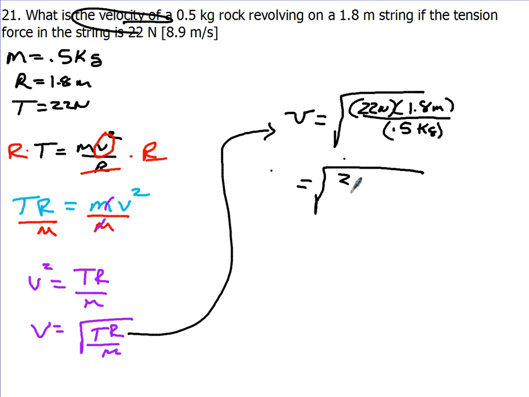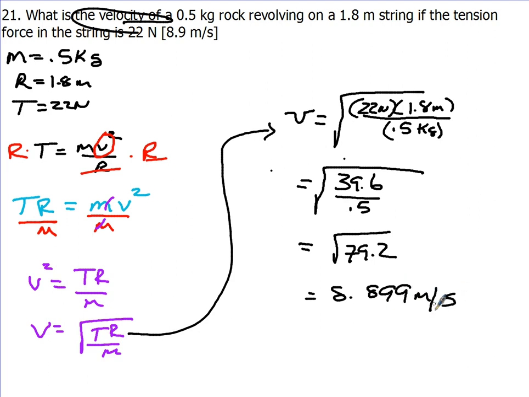So it's 39.6 divided by 0.5, which is the square root of 79.2. Now do your square root, and I got 8.899 meters per second.